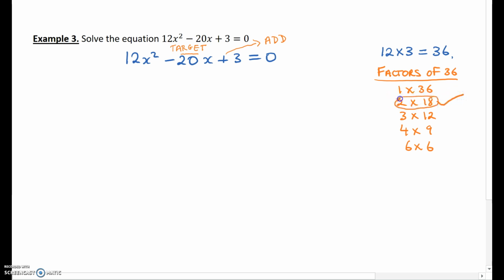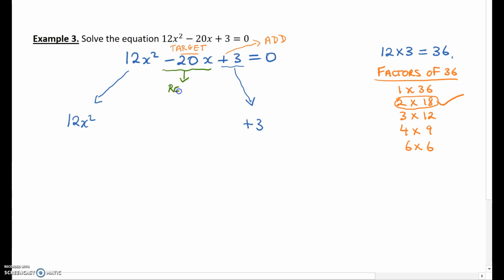So we're going to go back now to here. We're going to keep the 12x squared. We're going to keep the plus 3. And we're going to replace the negative 20x.